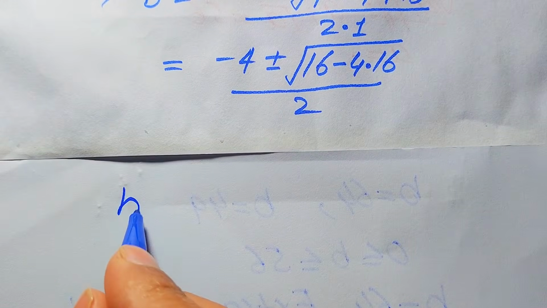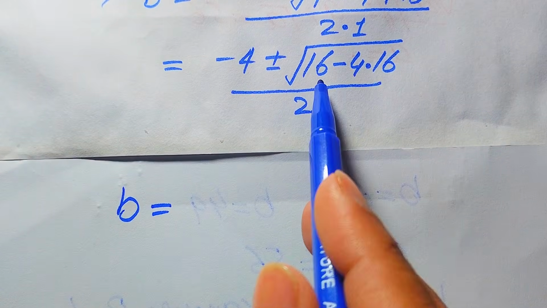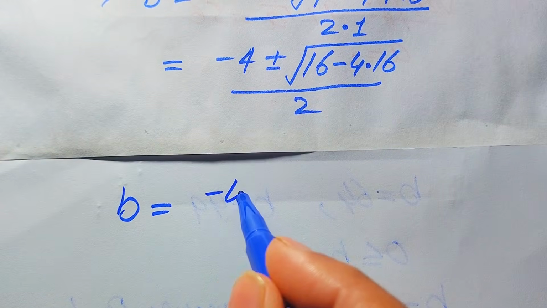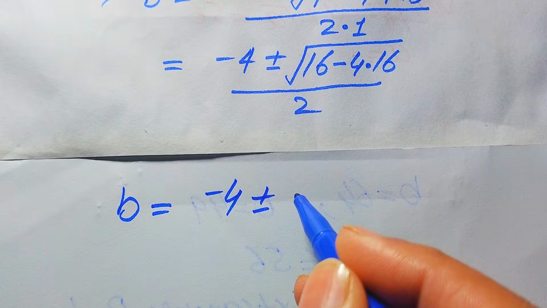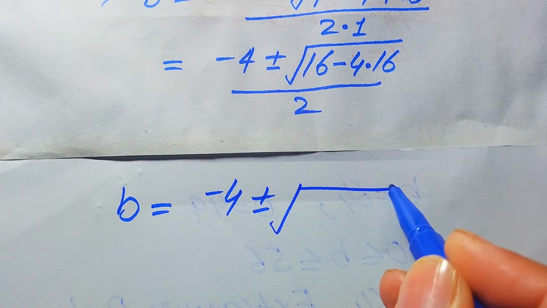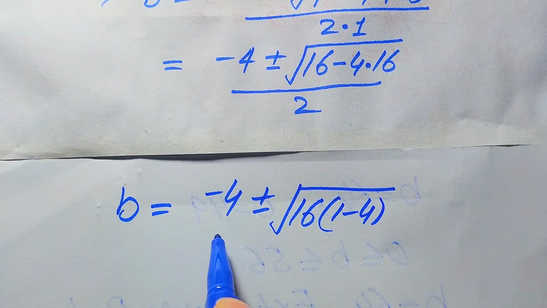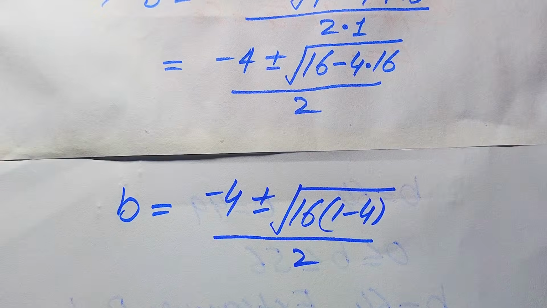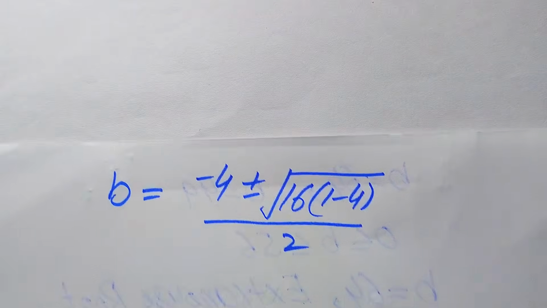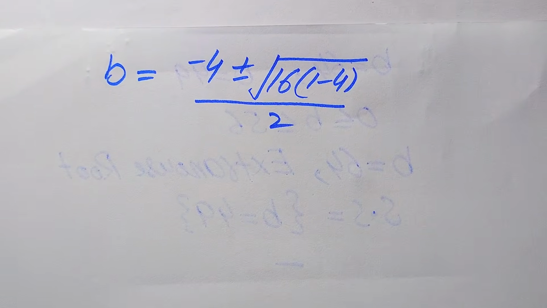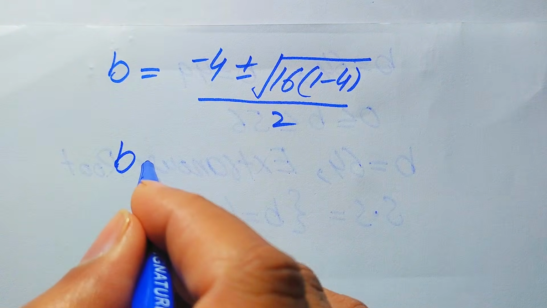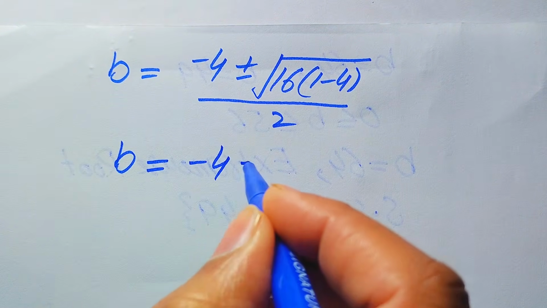And now in the next step, we take 16 common inside the square root sign, and after taking 16 common we get the remaining values as square root of 16 times 1 minus 4, divided by 2. So further, we need more simplifications to get our required answer, and we have b equals minus 4 plus minus.